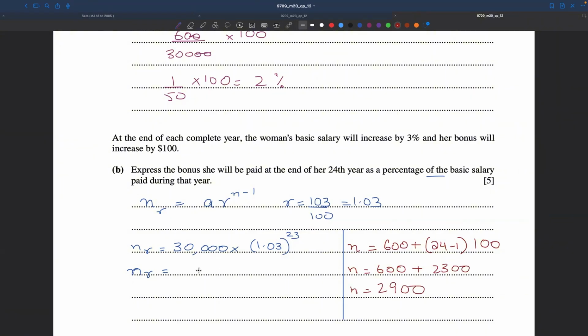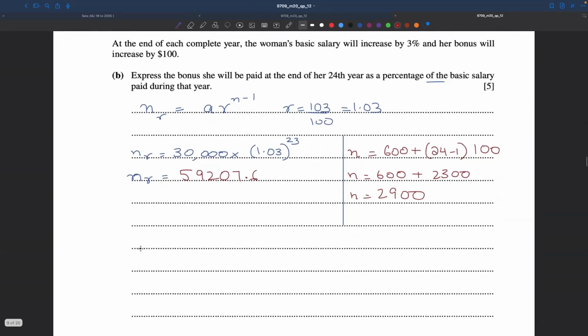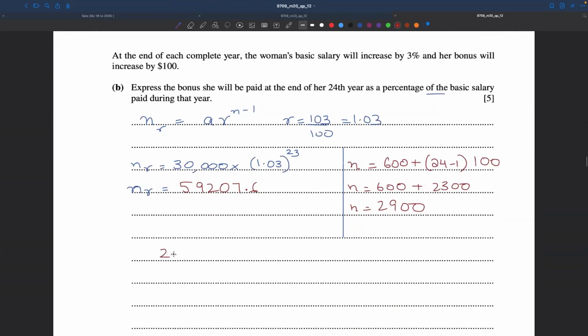So what was this answer? He's saying 59207.6. Okay, now you have both of these values. So the percentage will be again 2900 divided by 59207.6 times 100, whatever the answer is.